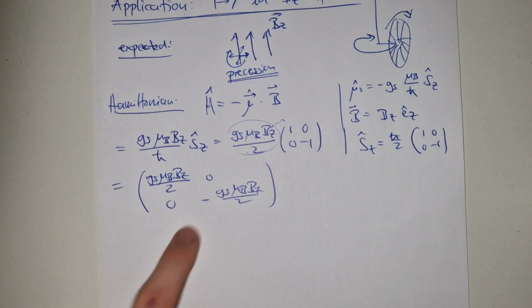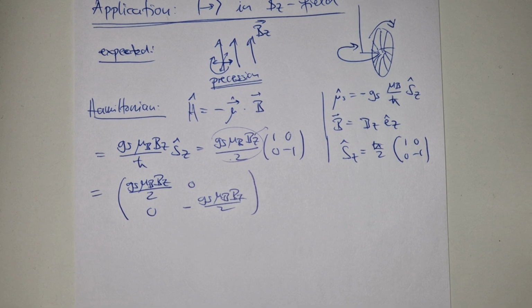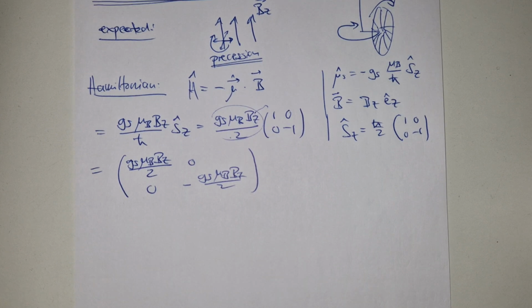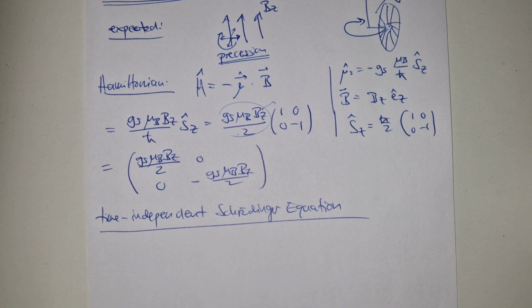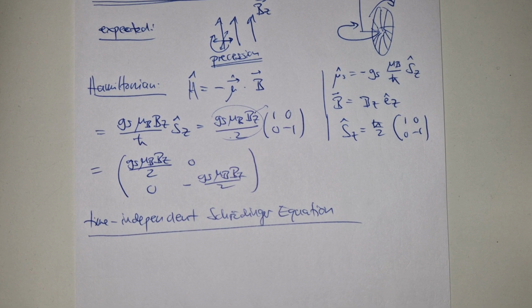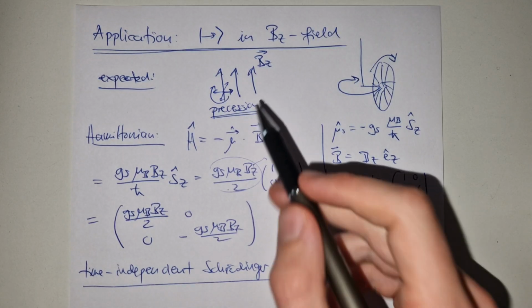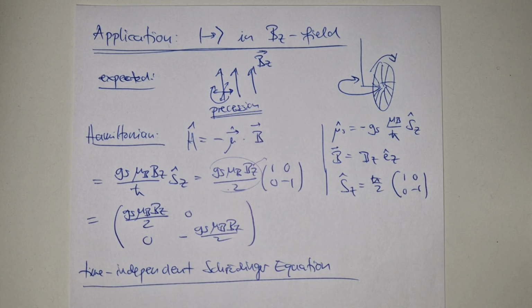So this is the Hamiltonian we'll use now to find out if the spin is really precessing as we are expecting classically. So one thing we need is the time-independent Schrödinger equation. This equation describes the time evolution of quantum states in a time-independent surrounding. In this case, our magnetic field is time-independent, so it's not changing over time.